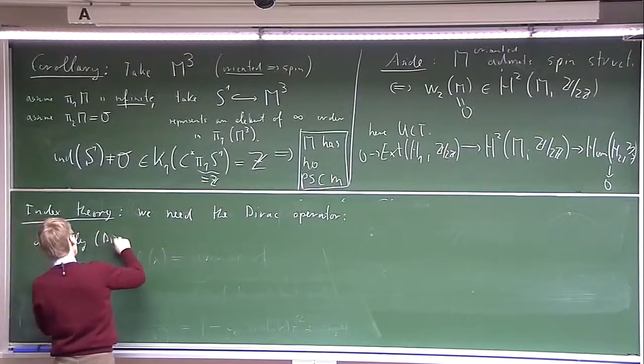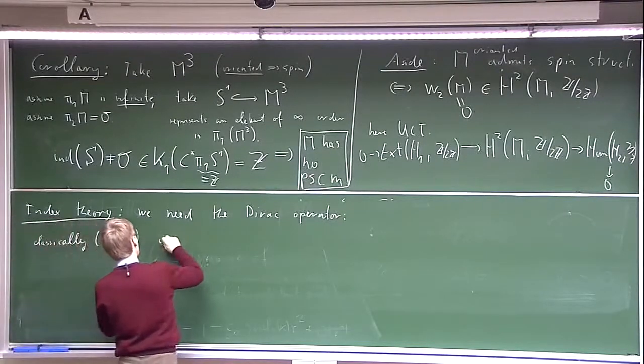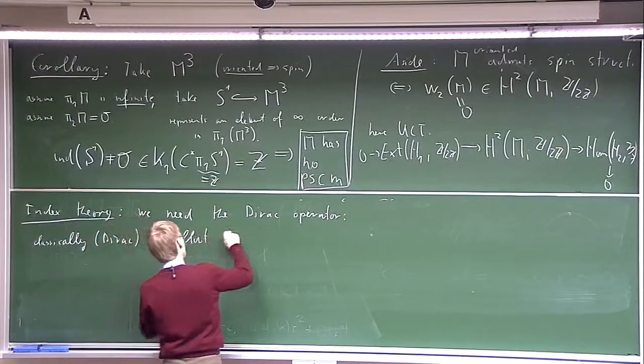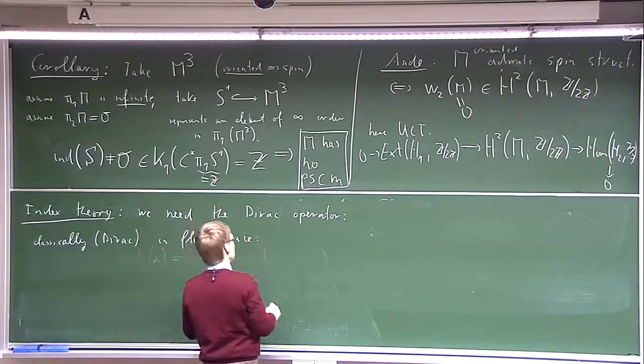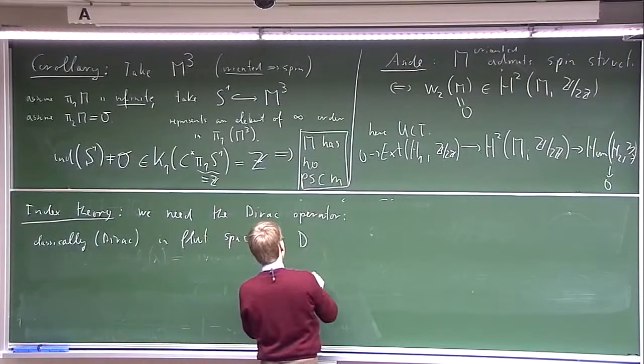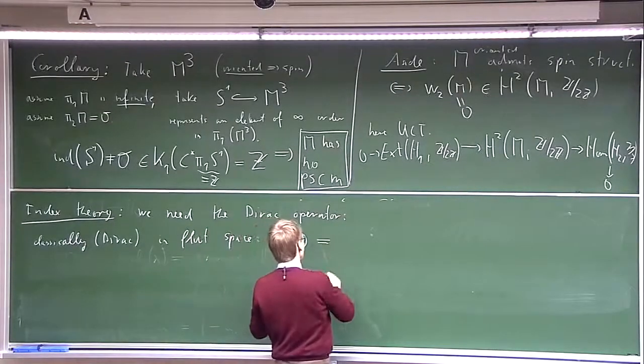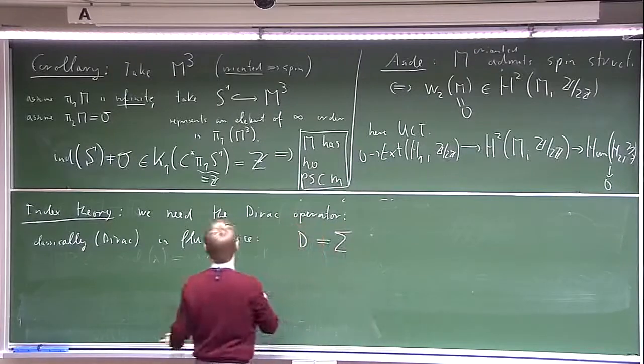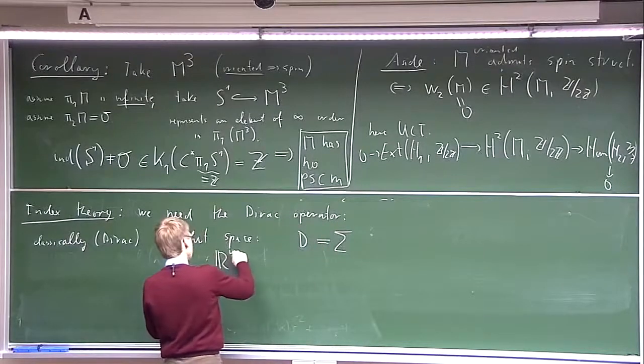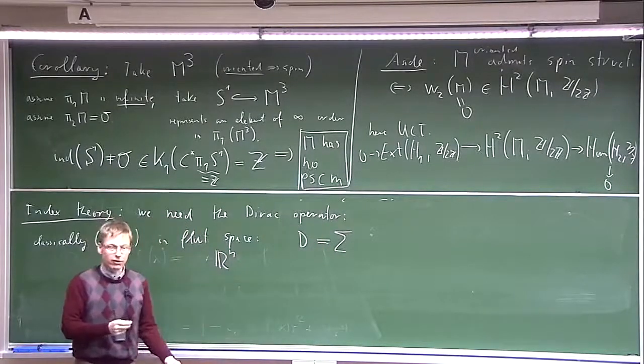it's done by Dirac in flat space. You would say Dirac operator, I don't think he called it Dirac operator, but it is given by, so flat space Rn, and I think it was mainly done in dimension 4 and R4.